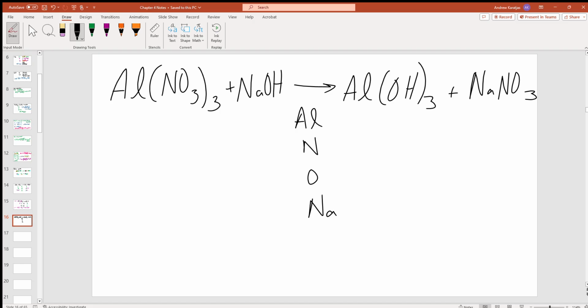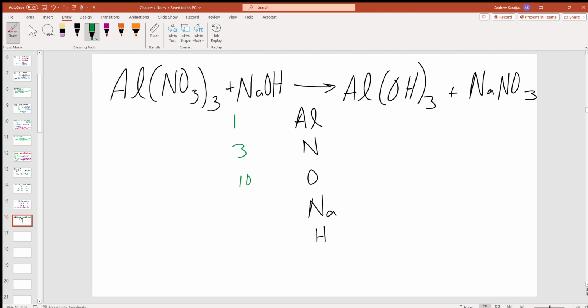But we actually have 5 different atoms to balance. So we start on the left with 1 aluminum, 3 nitrogens, 10 oxygens because we have 1 oxygen in sodium hydroxide.